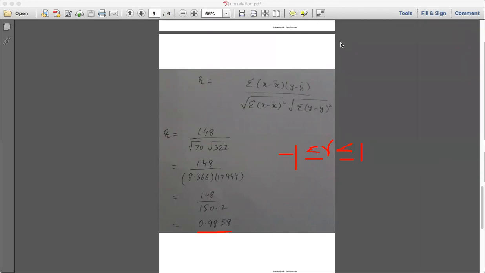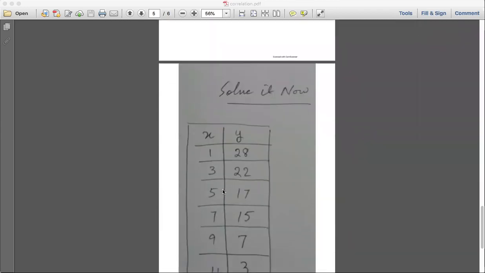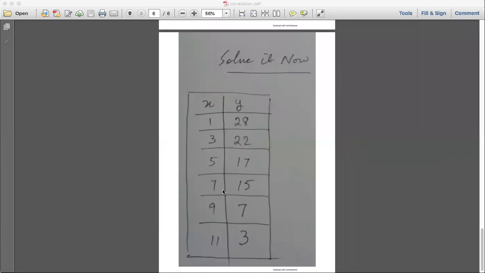So if you have no question, I will assign you one question right now that you need to solve, and the question is this one, as you can see on your screen. The values of x is given, the values of y is given. Now you please find the correlation between x and y.